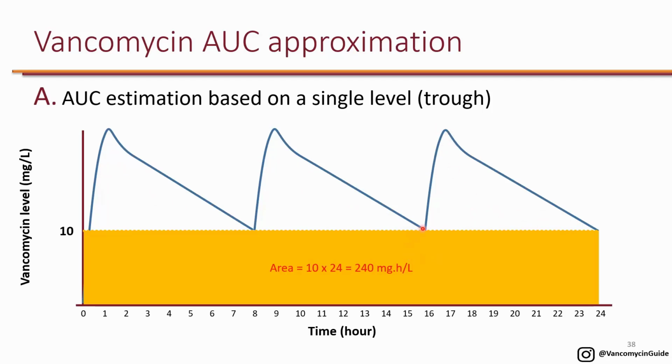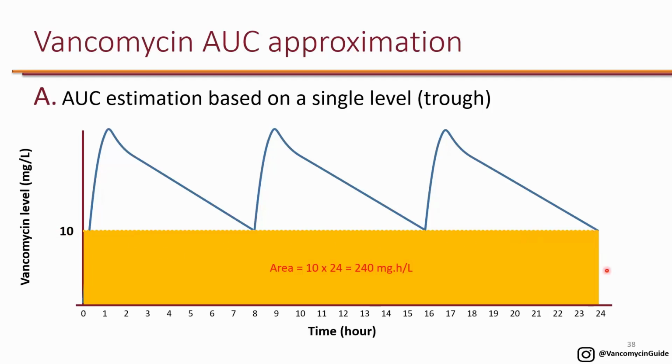When you only get a trough, you don't really know what the true peak is. So it only allows you to estimate what the AUC is. We know that the AUC is at least 240. And remember that we want the AUC to MIC ratio to be at least 400. So if the MIC happens to be 1, we need an AUC of 400.